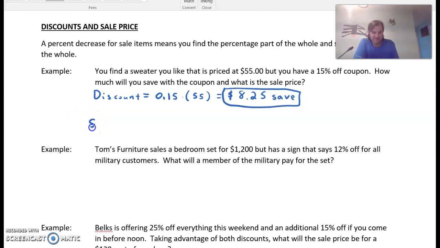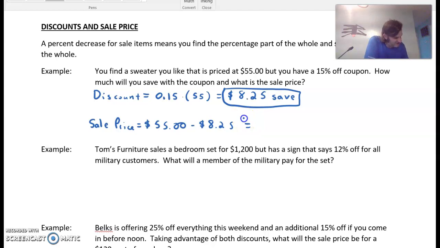Let's see here. The sell price will be the original $55 minus the discount that we're going to have. So the original 55 minus the 8.25 we just calculated. I'm going to use my calculator.